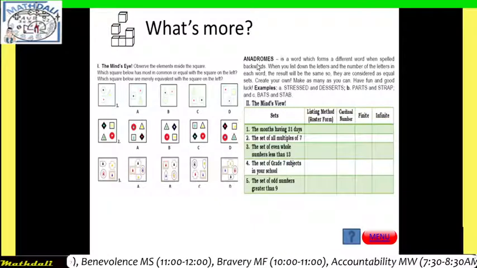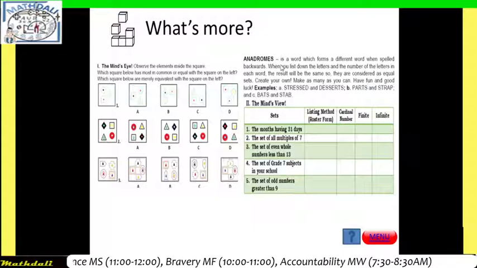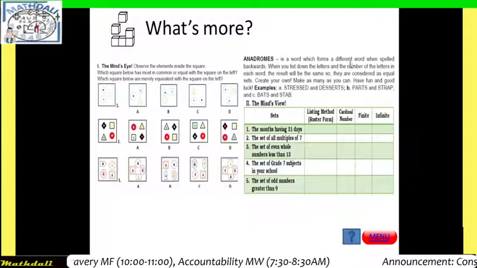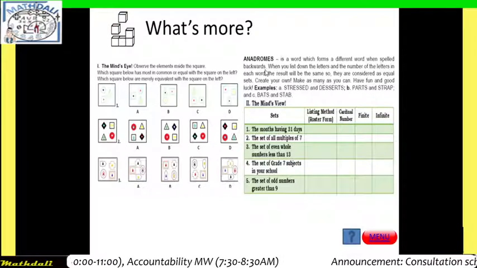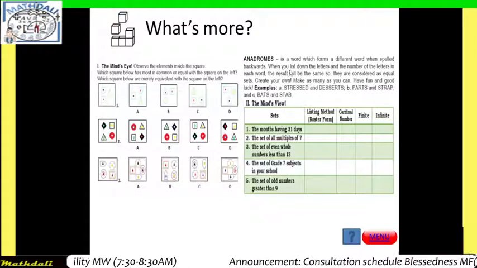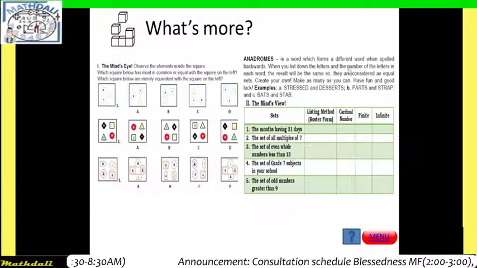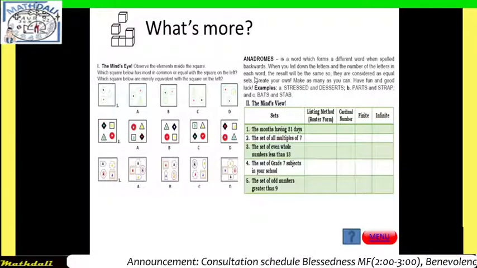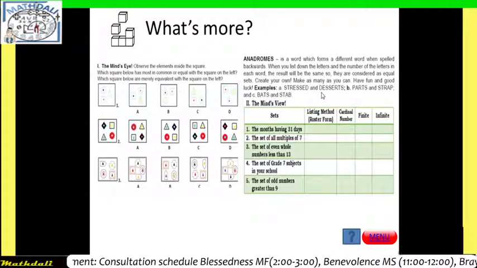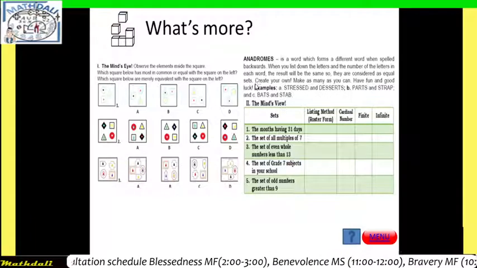Then we have the anadroms. So itong anadroms na to is a word which forms a different word when spelled backward. Pagpabaliktad yung spell. When you list down the letters and the number of letters in each word, the result will be the same. So they are considered as equal set.